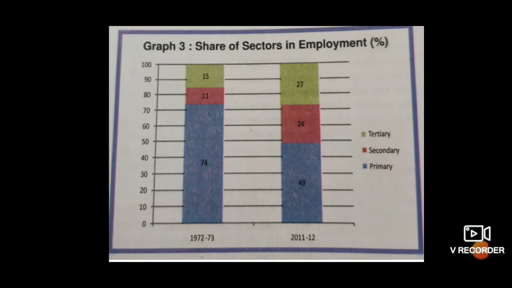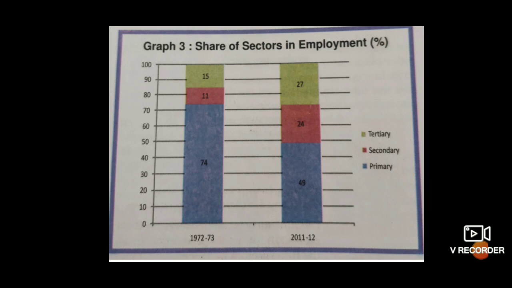Now let us come to that. Even though industrial output, or the production of goods, went up by more than 9 times during that period, employment in industry went up only around 3 times. Children, remember, listen carefully.